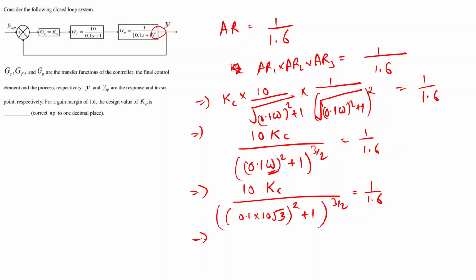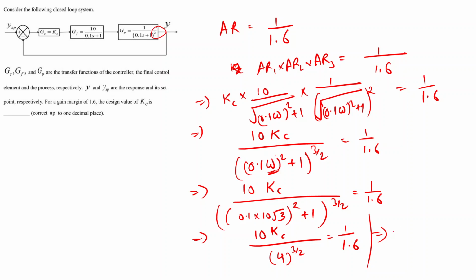So this will become 10 times Kc upon, 0.1 times 10 root 3 is root 3, squared is 3, plus 1 is 4, so 4 raised to 3 by 2 is equal to 1.6. So 4 raised to 3 by 2 will be 2 raised to 3, that is 8.